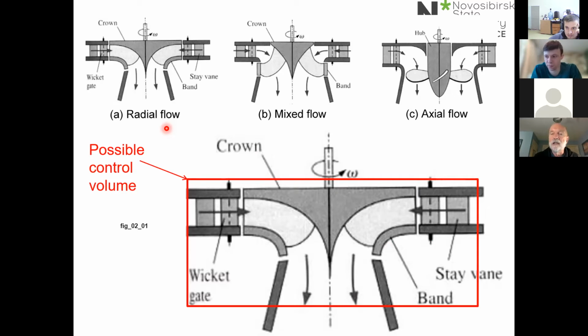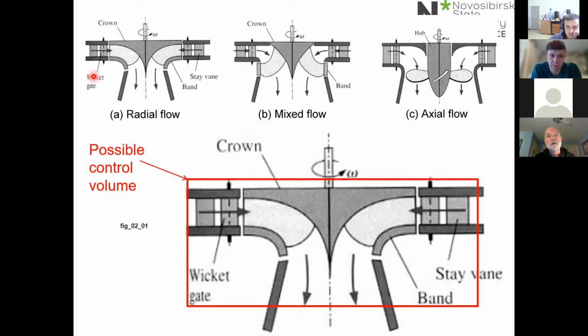The other interesting thing about hydropower is that there's a very wide range of turbine technology. We've seen the Crossflow turbine. Here are 3 types of turbines, and we're going to be looking at the Pelton turbine, which is a different technology again.